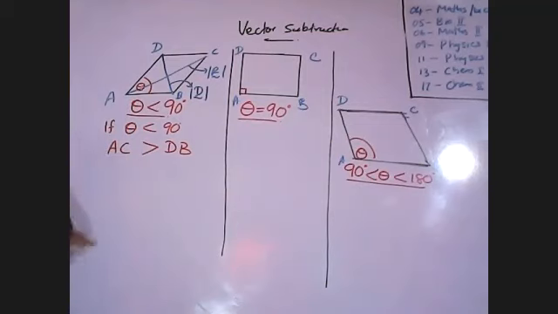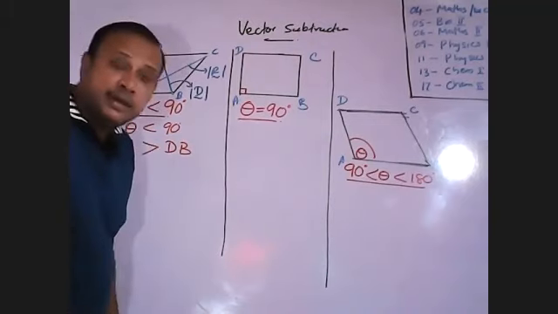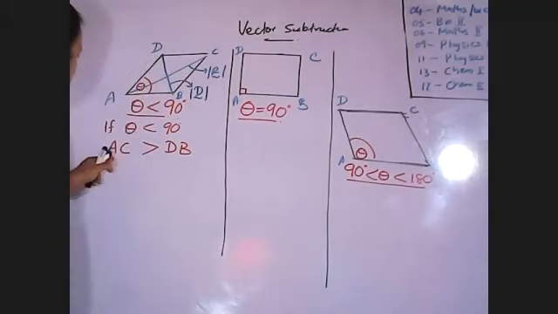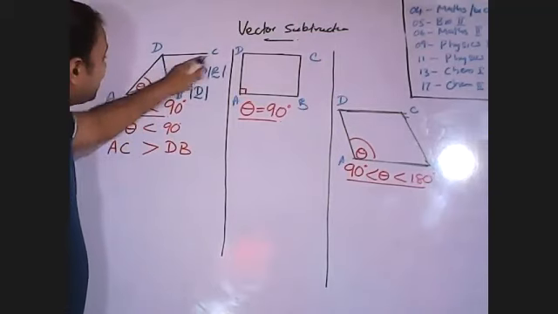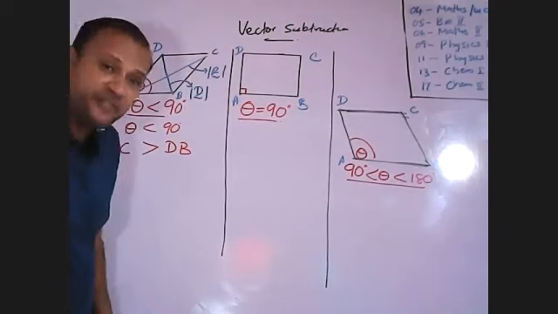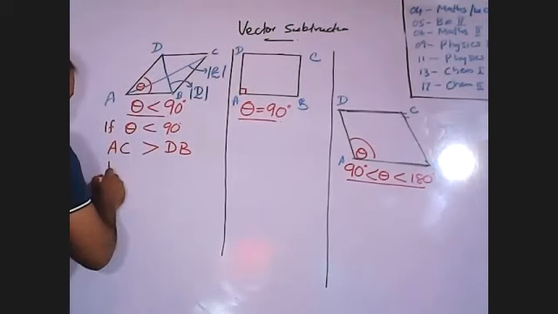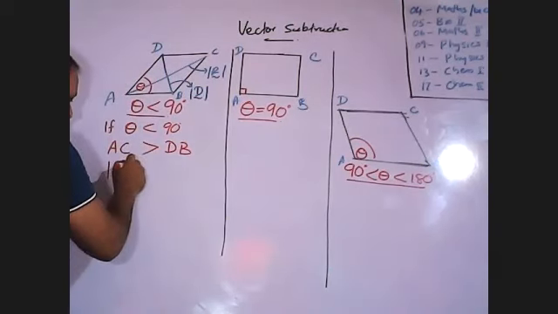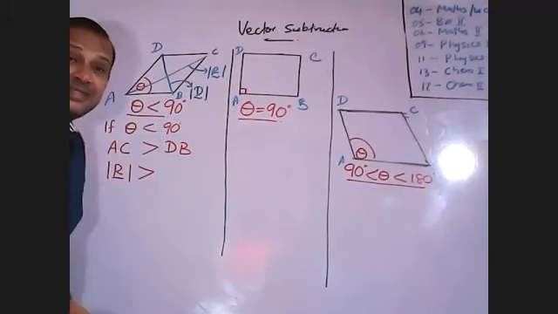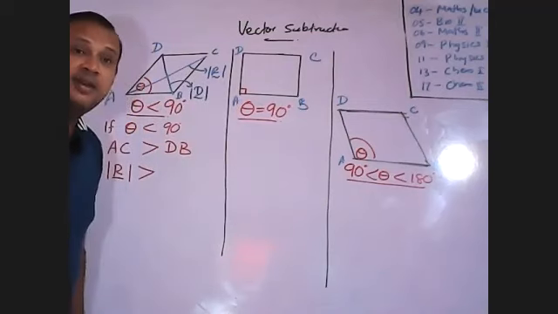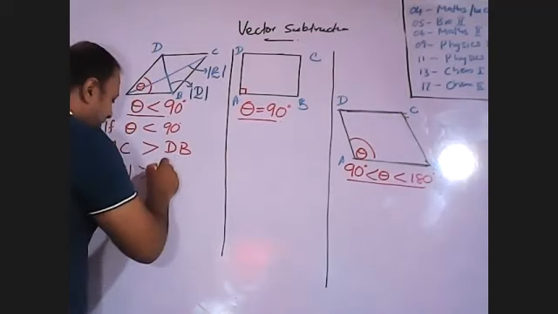AC length means I can convert it into vector notation: the magnitude of the resultant vector. The magnitude of the resultant vector is greater than the DB length. DB length means the magnitude of the difference.